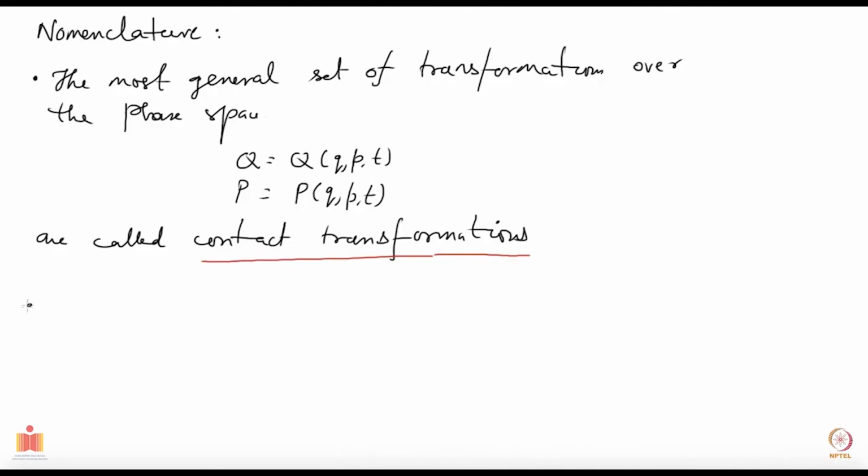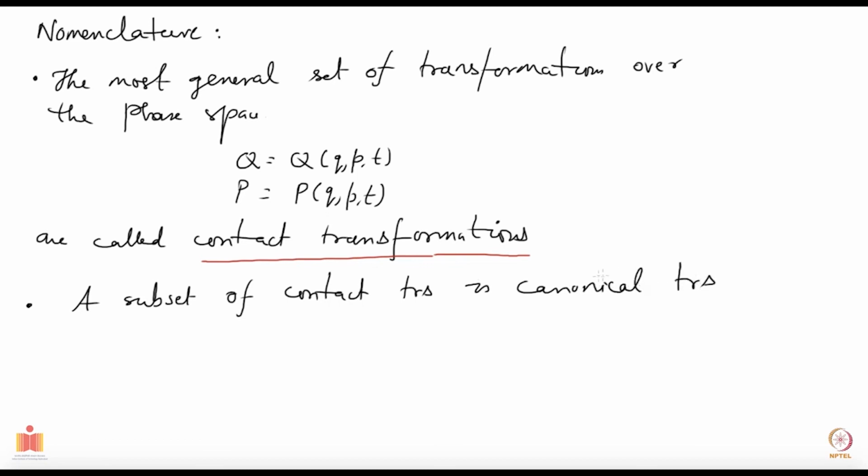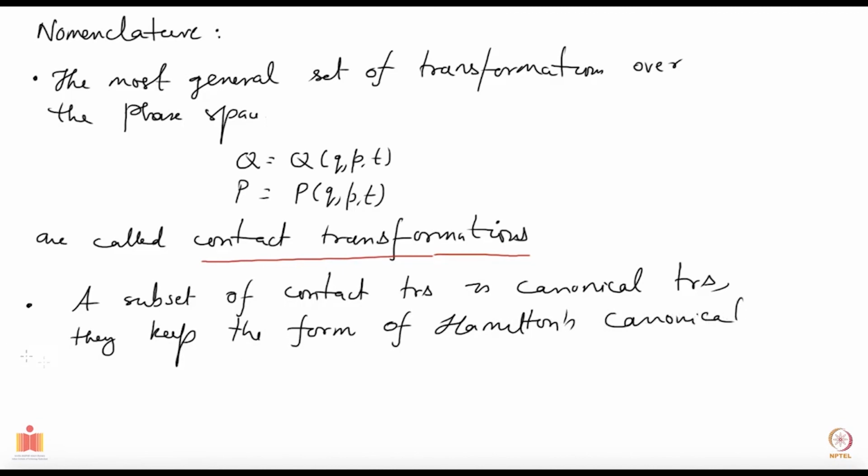So let me write down: a subset of contact transformations is canonical transformations, and they keep the form of Hamilton's canonical equations unchanged.